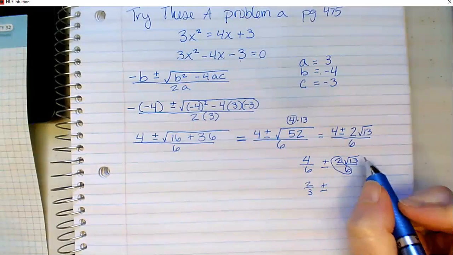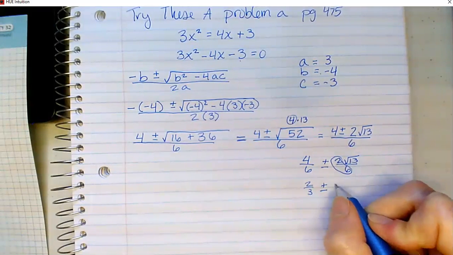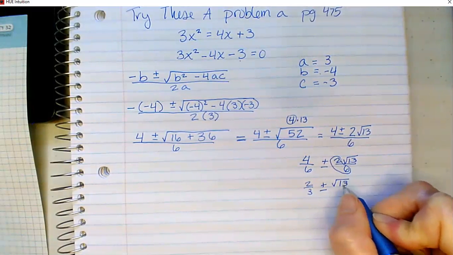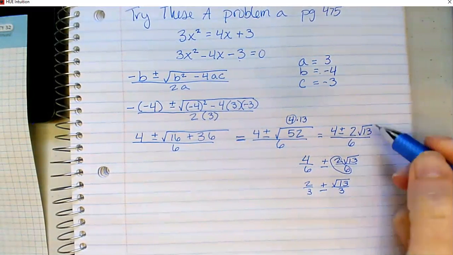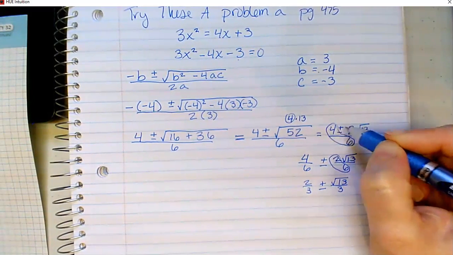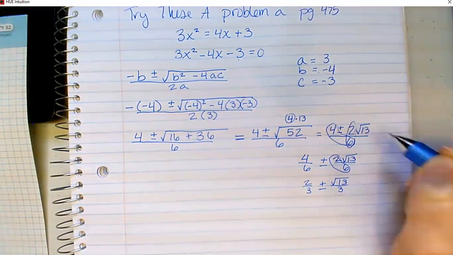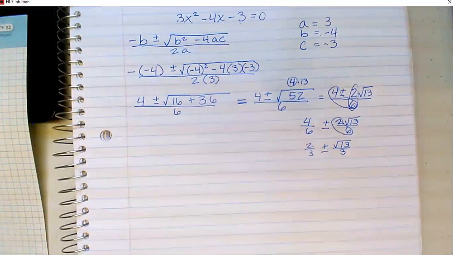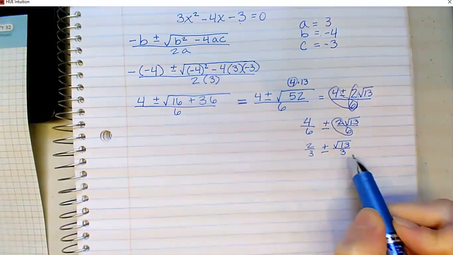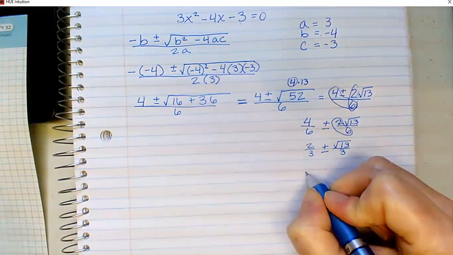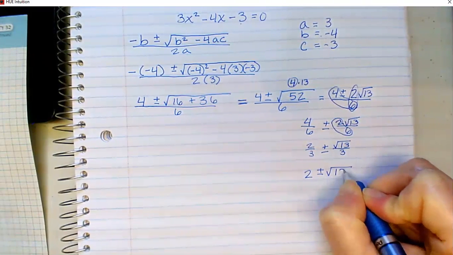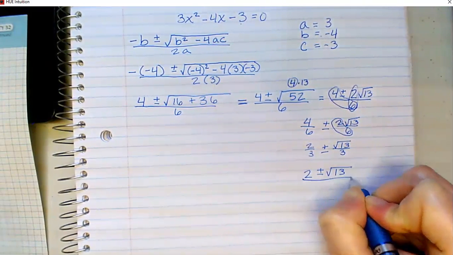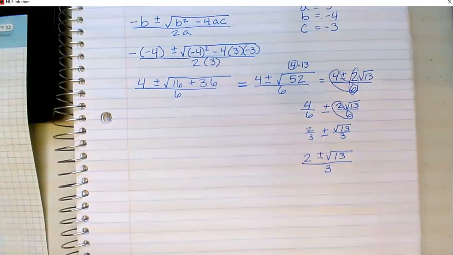I have an understood 1 in front of my square root, so it would be the square root of 13 divided by 3. I'll write them back together since they have the same denominator: 2 plus or minus the square root of 13, divided by 3.